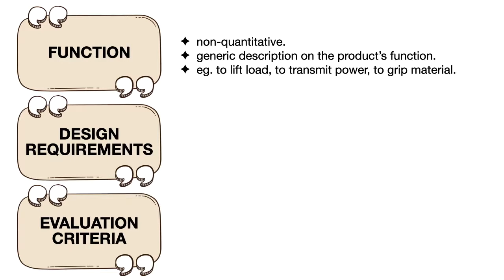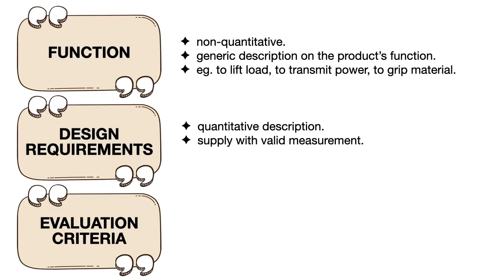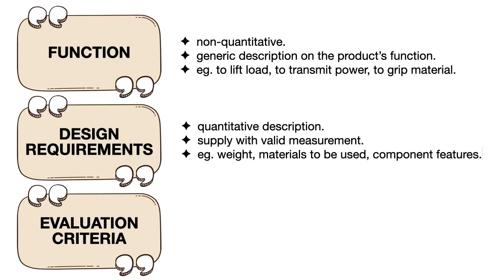The second item, the design requirement, is a quantitative description. This time around, you have to supply the statement with some valid measurements. For example, the weight, what material is to be used, what the component features are, and the specification of that particular machine element, such as the revolution per minute.